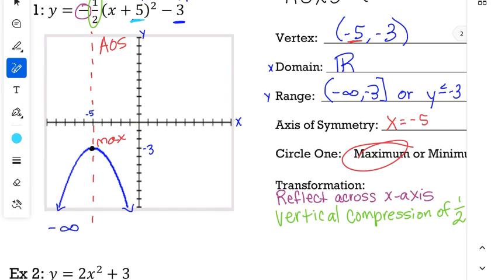That crazy x. It says plus 5, but what actually did it? How did it move it? Left 5. And then minus 3. How did it actually move it? Yep, down 3.